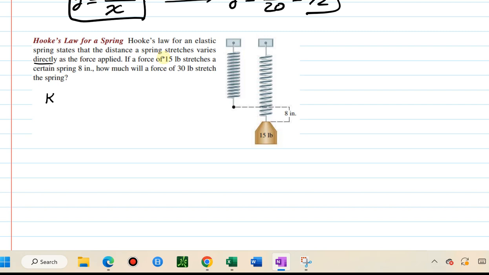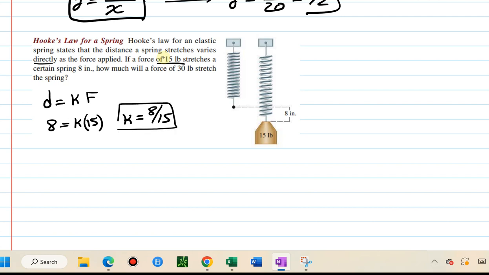So I'm just going to write this as, let's say distance, we're going to call it d, is equal to k, direct variation, directly varies with force. Now we're given that if a force of 15 pounds stretches the spring to the tune of 8 inches, that would help me solve for k, right?